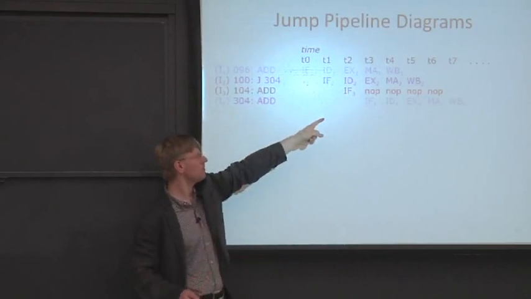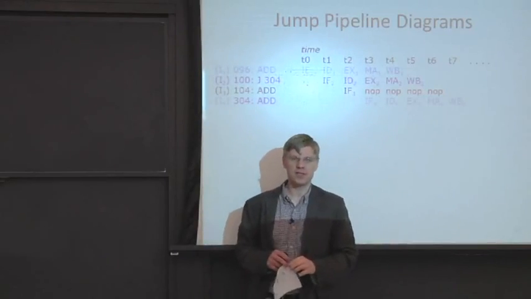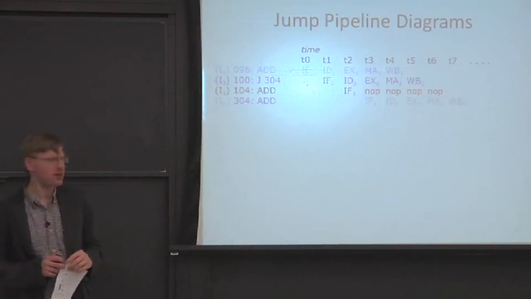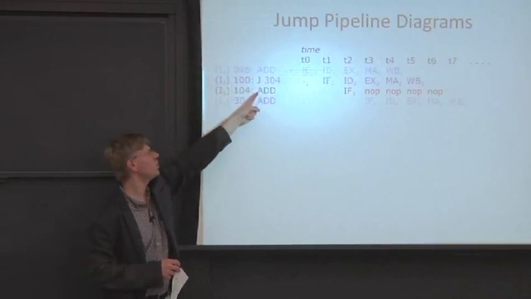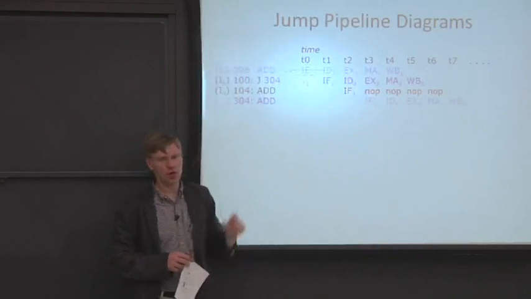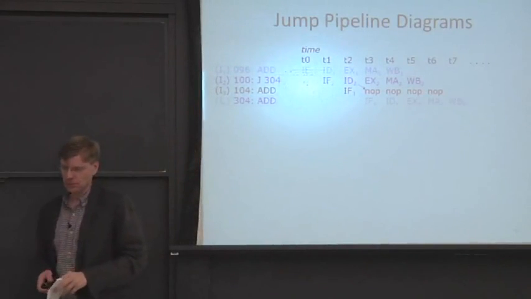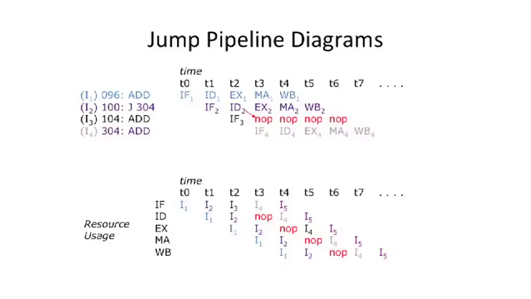This add gets fetched, but doesn't ever make it into the next stage of the pipe because it gets killed. Then we have the next add, the target of the jump, showing up, and we execute that. And if we look at resource utilization, we can plot it the other direction. You'll see the no-op moving forward in pipe stages over time.